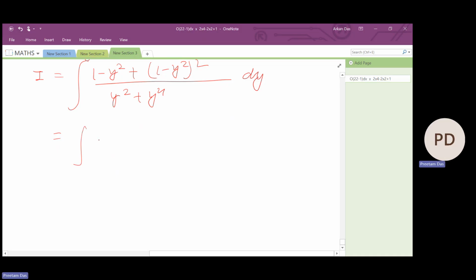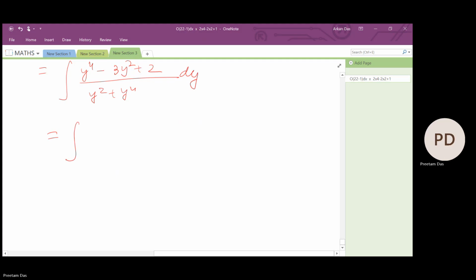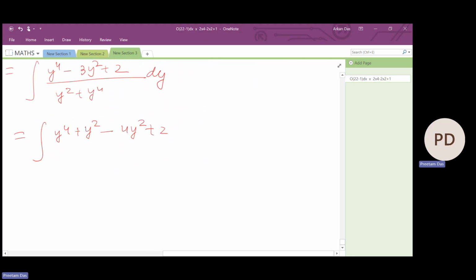Now y4 minus 3y square plus 2 is the simplification of the numerator. Again y square plus y raised to 4 is there in the denominator. So y4 y square, I have to write it as minus 4y square plus 2. That 3y square I have split into these two parts. Y square plus y raised to 4 dy.